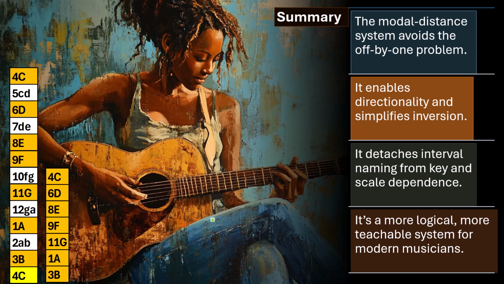Now again, as you're thinking, you're going to be thinking, well, I don't want to learn more stuff, or I don't want to replace the current learning. Again, I wouldn't really say you replace the intervals, but what I'm saying is you can add this to your terms. Think of it as a different term. It's a modal distance, which is always going to be one less than the interval, right?